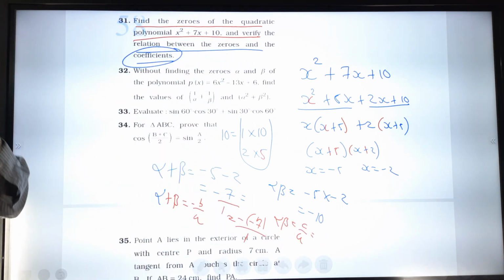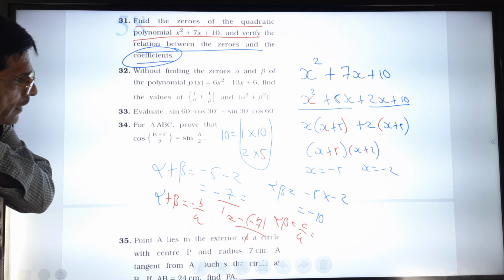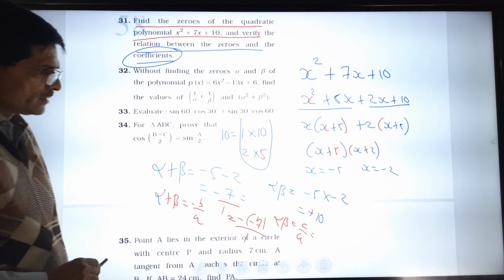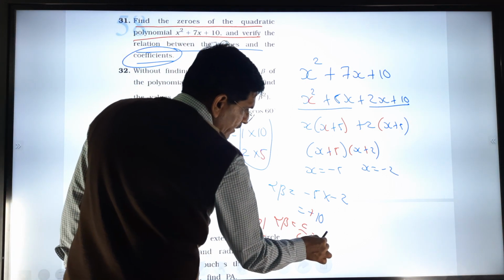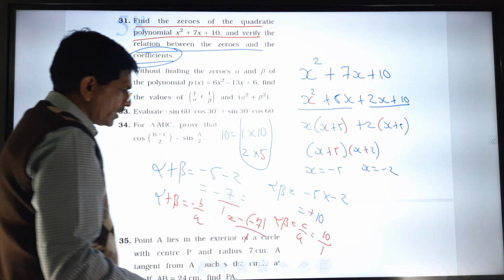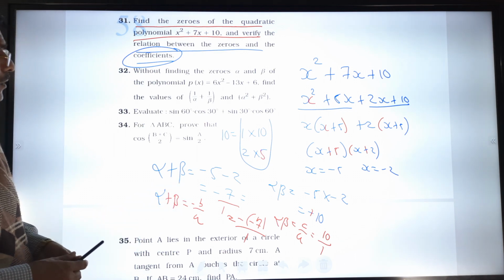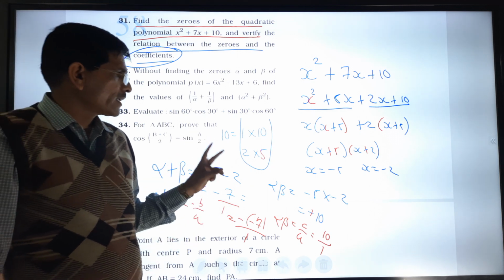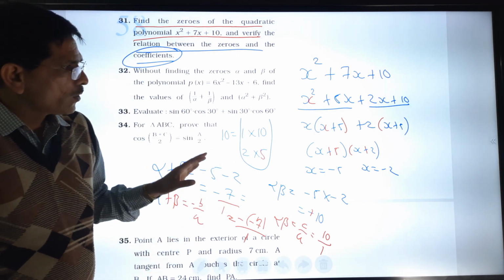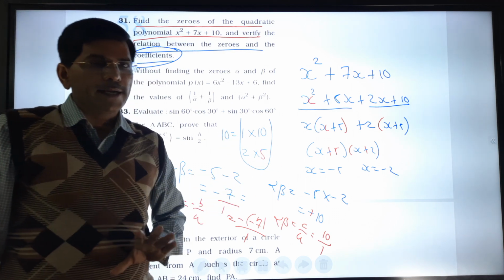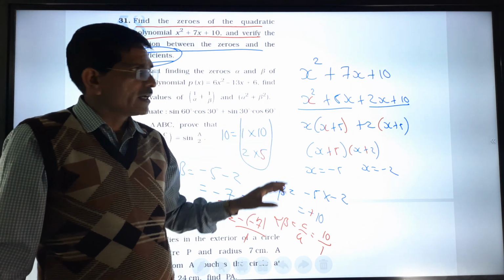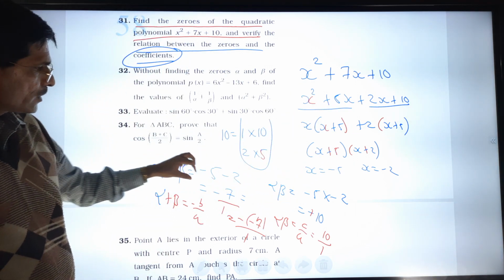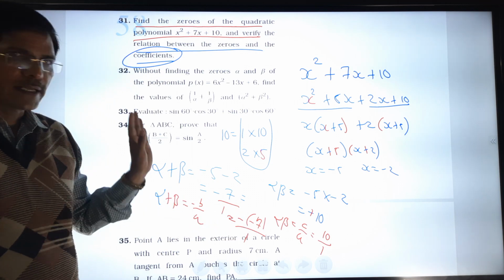Here it is plus 10, because minus 5 into minus 2 is plus 10. So again we can write 10 by 1. So we can verify the zeros also. It carries 2 marks. When it is a 2 marks question, 4 steps we have to write, half mark for each step. If you write properly, you will get half marks here, here also, and for the verification you can get half marks.